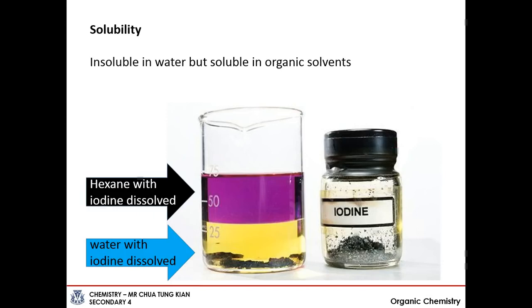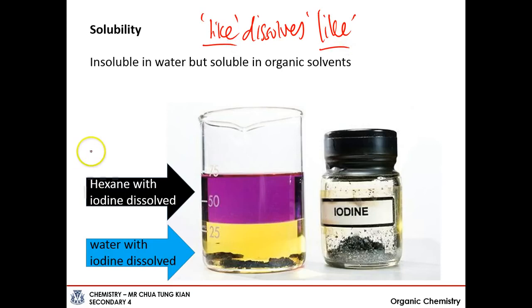Okay, solubility. This was covered before in chemical bonding. But essentially, you can remember this term: like dissolves like. So basically, organic compounds will dissolve in organic solvents. For example, let's say, okay, iodine.